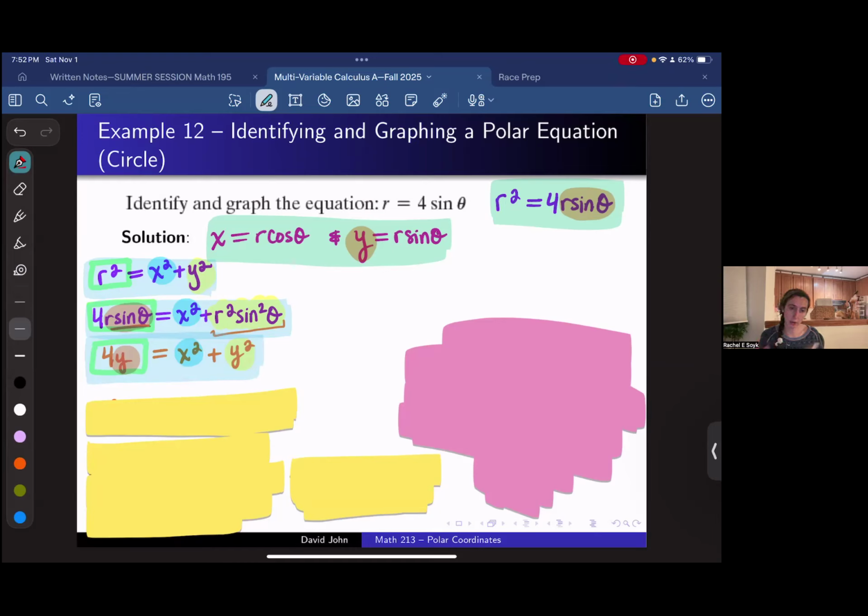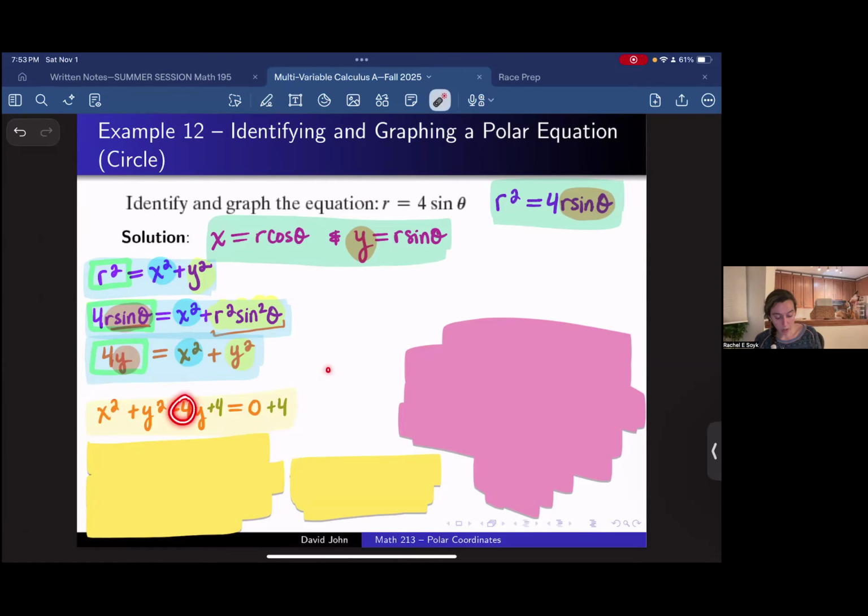Let's bring everything over to that right-hand side, set it equal to 0 on that left-hand side, and do some completing the square in order to identify what our center point and radius are. So we get x squared plus y squared minus 4y is equal to 0. And then using the special key, that -4 divided by 2 in parentheses squared gives you -2 squared, which is plus 4.